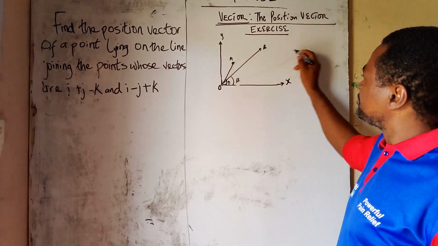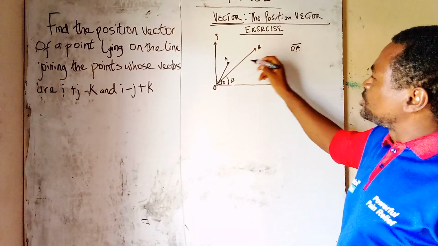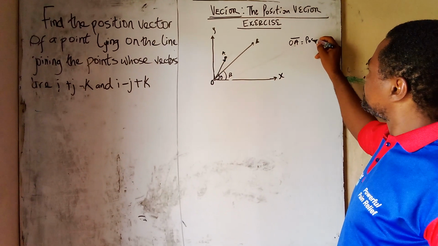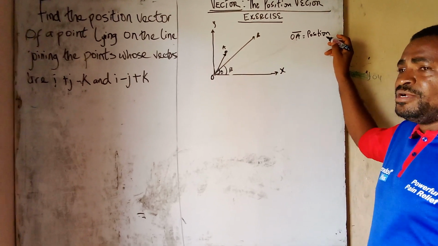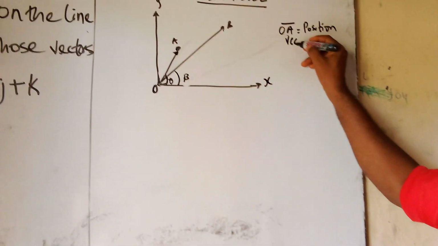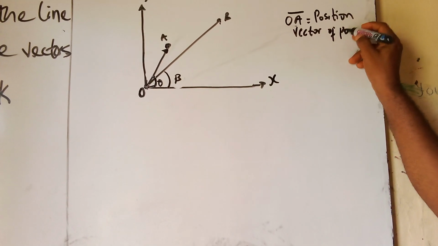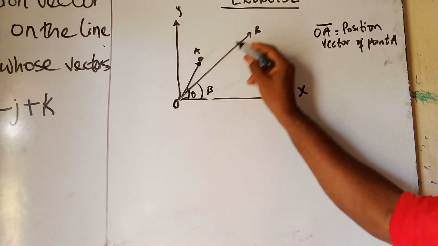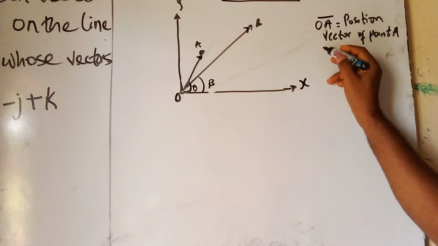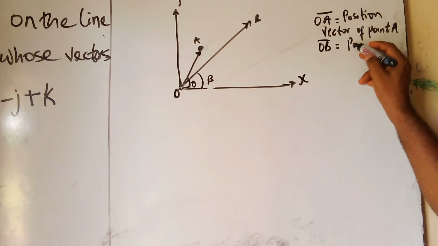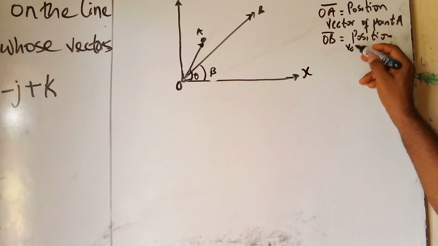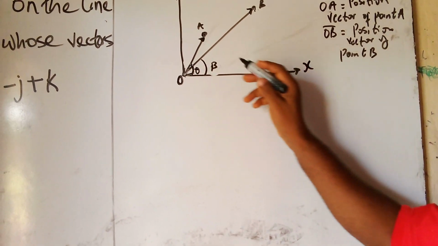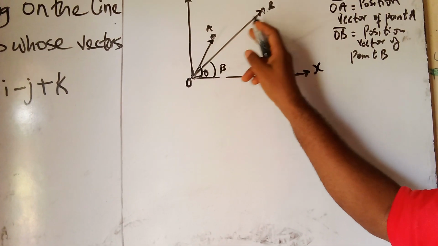So vector OA, as you move along this line to A, is called the position vector of point A. To locate the position of point B, we take this vector OB. So vector OB from here to here is the position vector of point B.